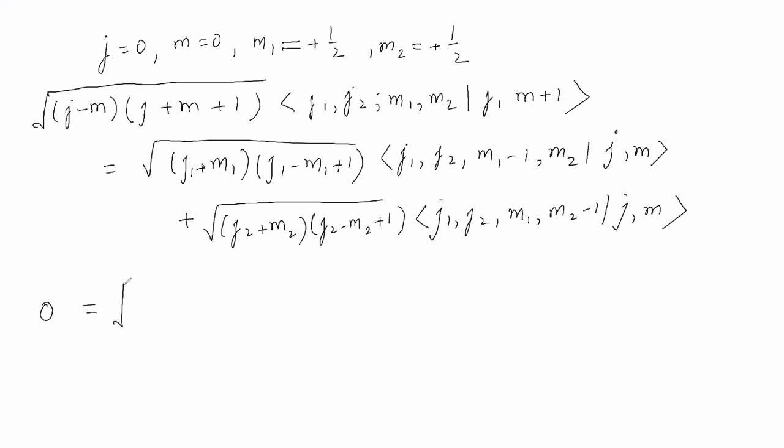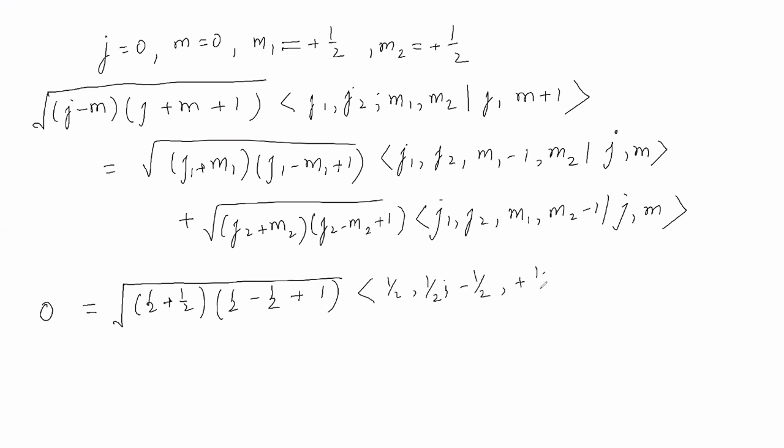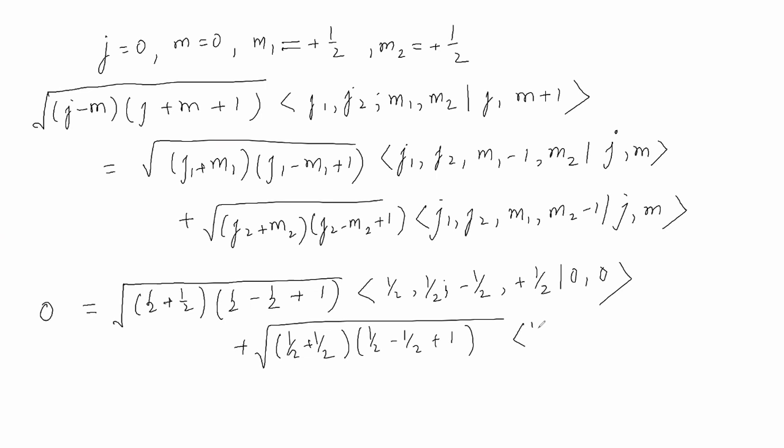This will be equal to half plus half, J1 plus M1, J1 minus M1 plus 1, half half minus half plus half 0 0, plus half plus half, half minus half plus 1, half half plus half minus half 0 0.